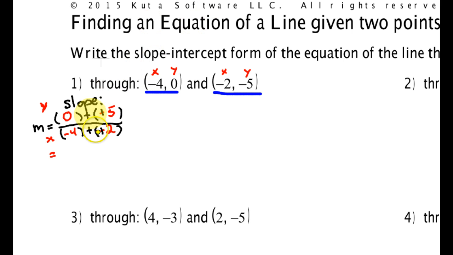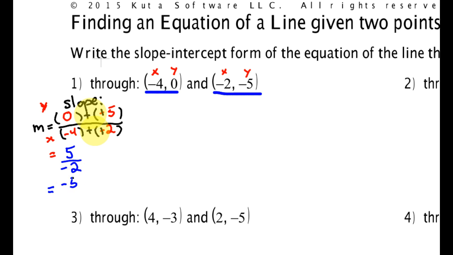So if something's not working out, that's usually a good place to start where you're checking your work. Did I miss a negative? So 0 plus 5 is 5, and -4 plus 2 is -2, which is the same as you move the negative to the top.